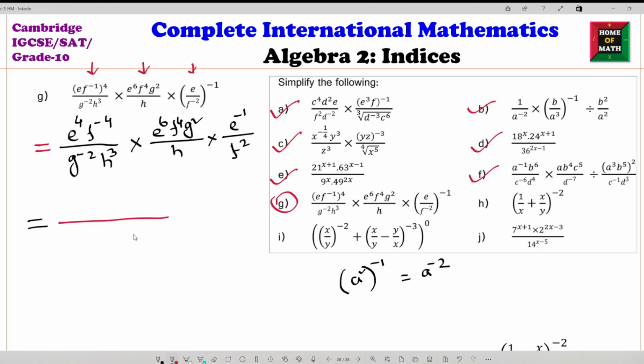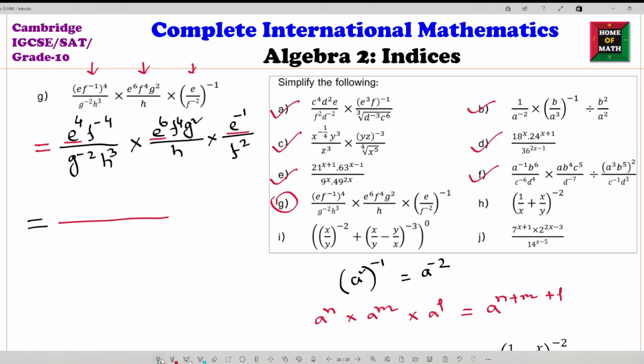So first, if you consider E, here is E to the power 4, E to the power 6 and E to the power minus 1. We know A to the power n times A to the power m times A to the power l, we can write A to the power n plus m plus l.